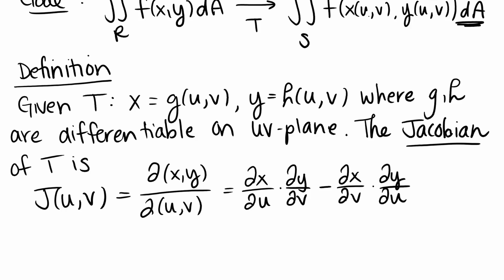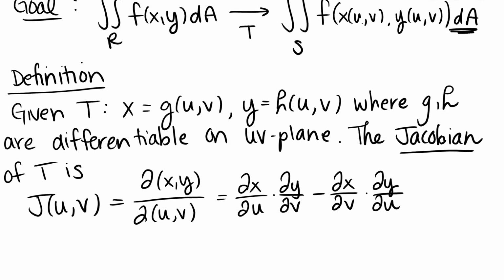It actually reminds me a little bit of the sum and difference formulas in trig, because we just switched them. Notice I take the partial of x with respect to u times the partial of y with respect to v, and then I subtract those two switched. And where this is going is we're going to put that in that dA right there.